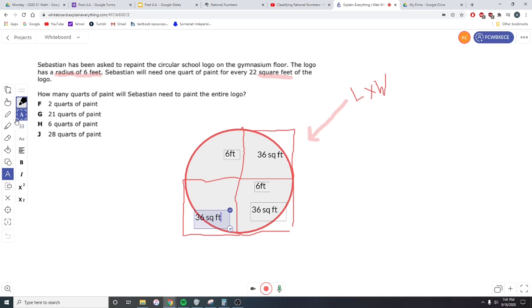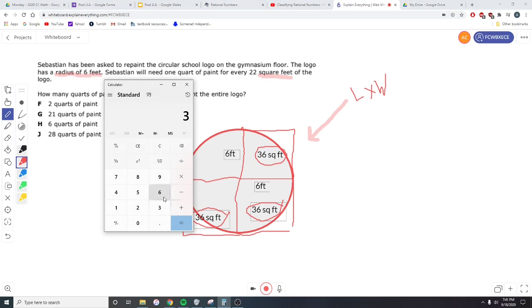To find the total area of the whole circle, we need to add this area plus this area plus this area. We get 36 plus 36 plus 36.